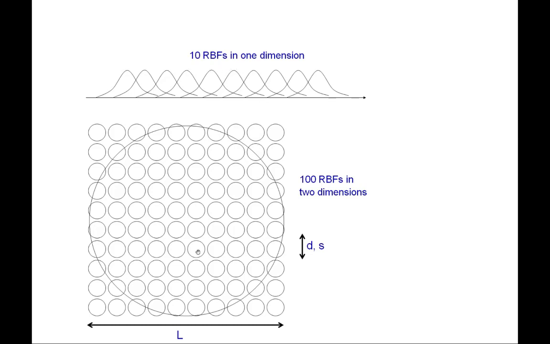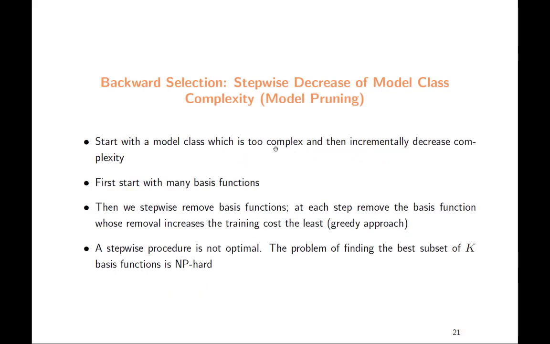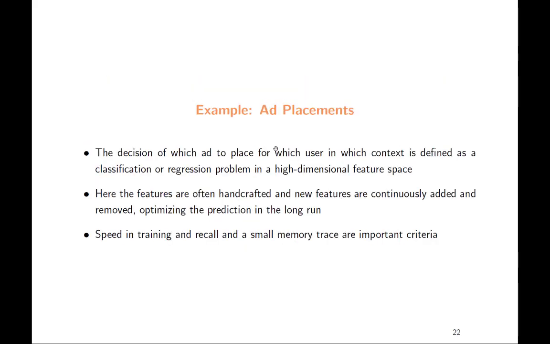If you want to have the same smoothness in 2 dimensions, you already need 100 basis functions. So the required basis functions increase exponentially. And this is the famous curse of dimensionality we have to address. So we need to find ways of finding the right basis functions efficiently. And forward selection and backward selection are 2 options we can use.